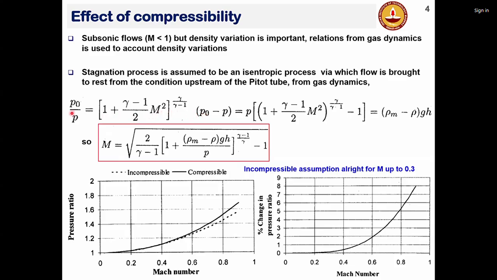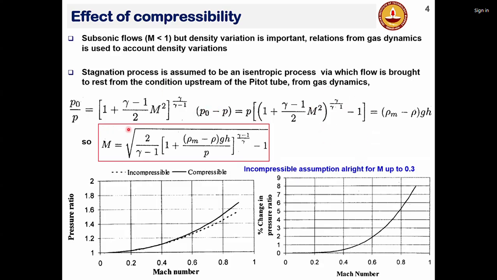And from here, you can do a simple thing. Minus 1 you add on the left hand side and minus 1 you add on the right hand side. So you get P naught divided by P minus 1, which will be (P naught minus P) over P, and on the right hand side, (1 + (gamma - 1)/2 · M²) to the power gamma by gamma minus 1, and again minus 1.